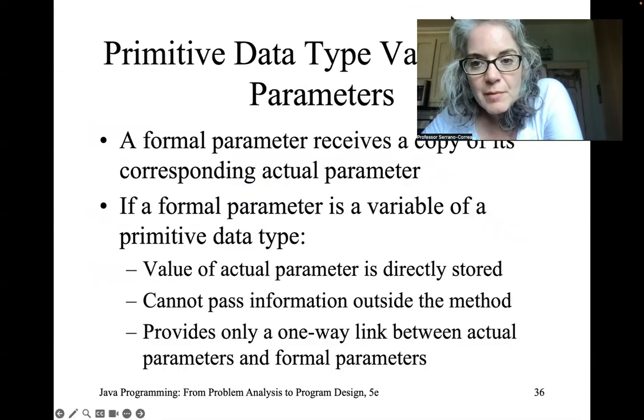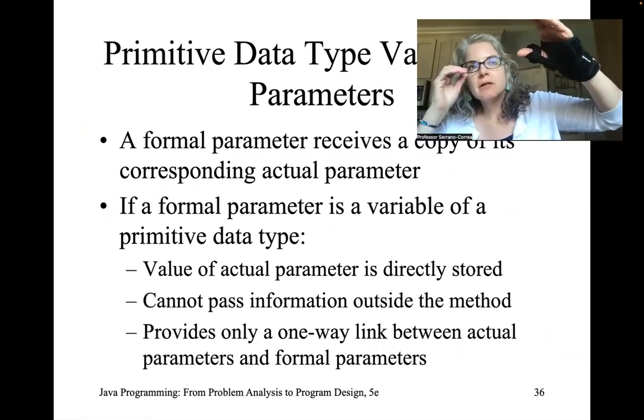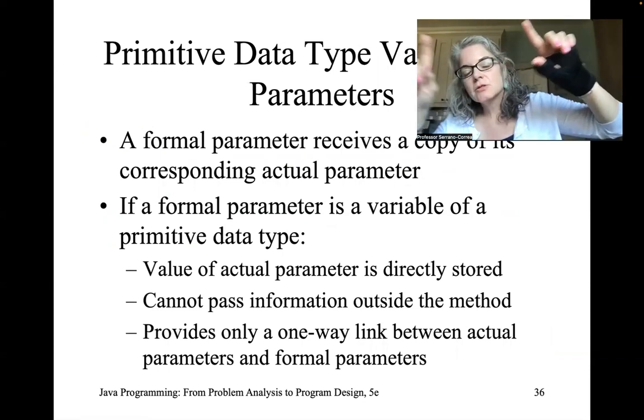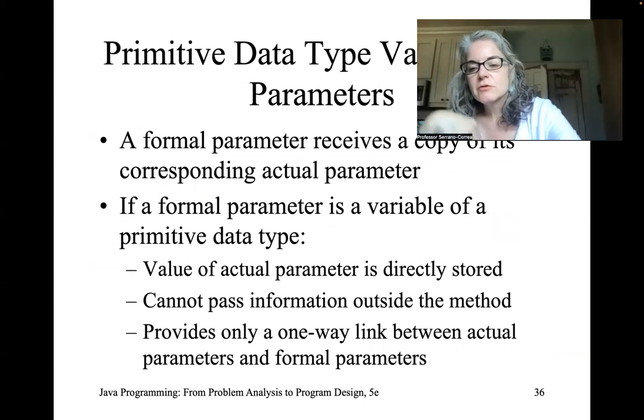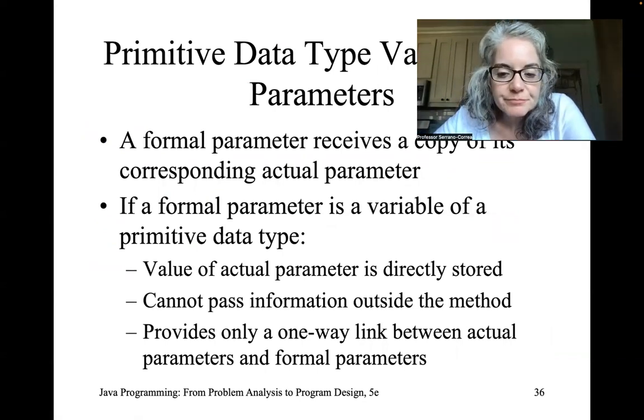A formal parameter receives a copy of its corresponding actual parameter. So that's what we talked about. When you call a method, you're passing it the value, so you have to create two new variables.